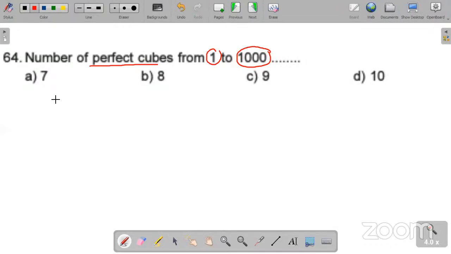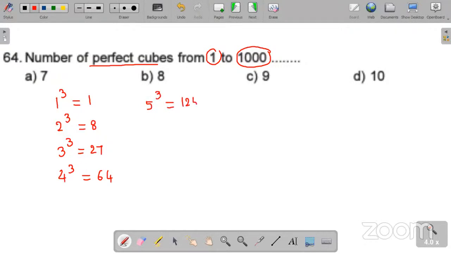So let me explain. 1 cube is equal to 1, 2 cube is equal to 8, 3 cube is equal to 3 into 3 into 3, 27, 4 cube is equal to 64, 5 cube is equal to 125. Am I correct? 6 cube is equal to 216. 7 cube is equal to 343. 8 cube is equal to 512.